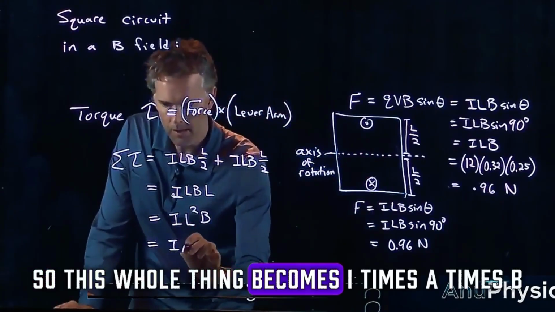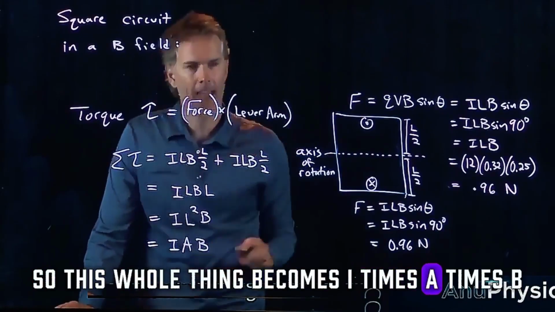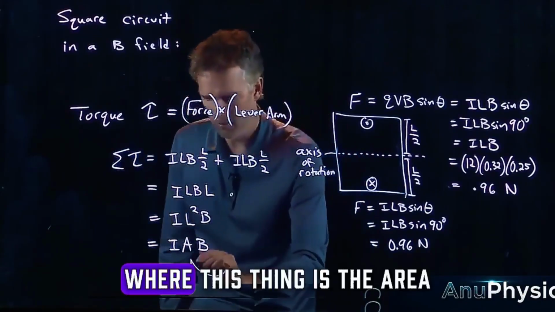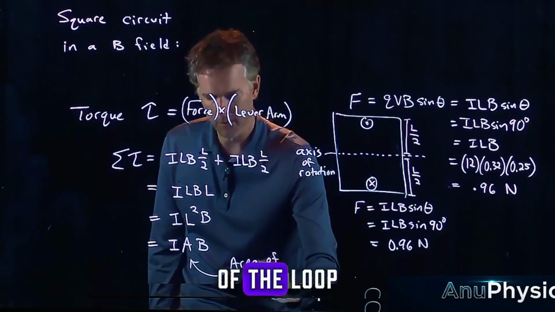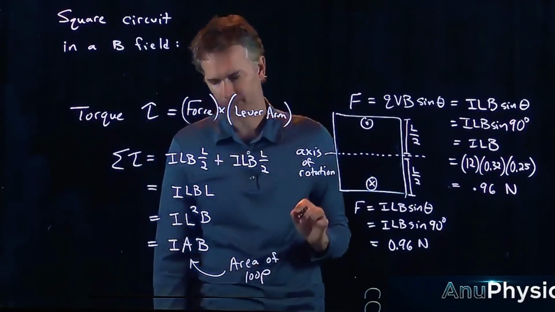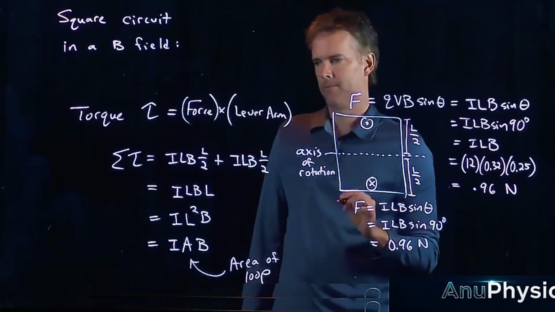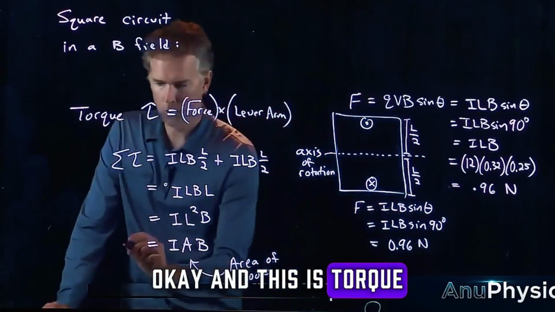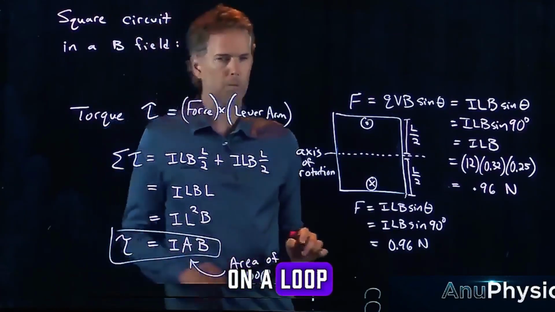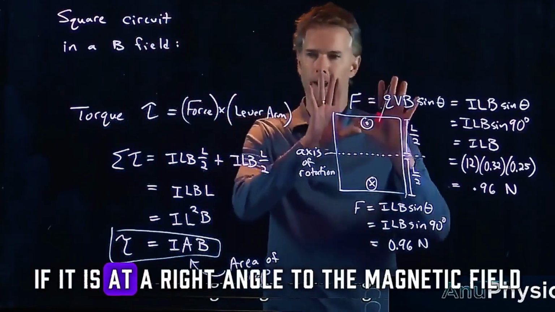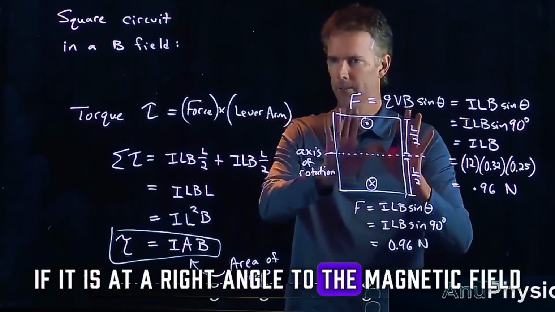So this whole thing becomes I times A times B, where A is the area of the loop. Okay, and this is the torque on a loop if it is at a right angle to the magnetic field.